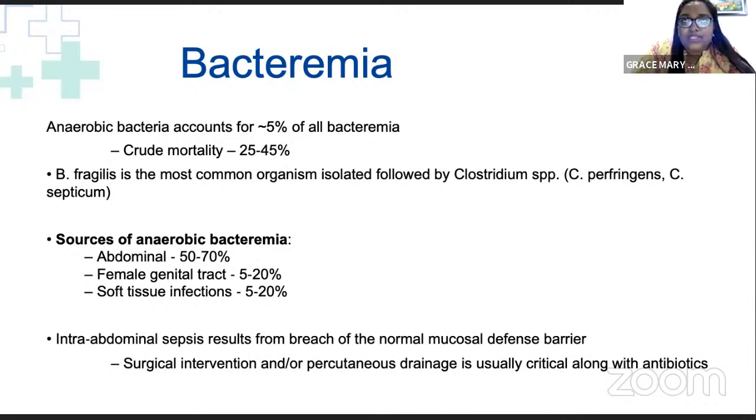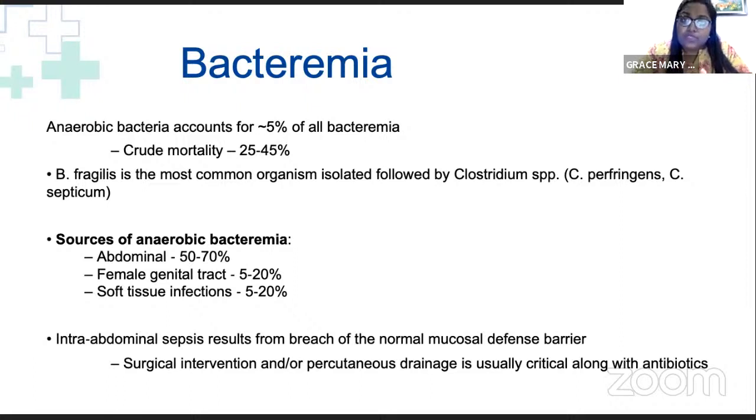But the problem is, how many of us actually do the anaerobic culture in the right way? So maybe that is one reason why the yield is low. But the mortality from an anaerobic bacteremia can be as high as 45%. Okay, and Bacteroides fragilis is the most common organism isolated from a blood culture, followed by Clostridium, not Clostridium difficile, but the other two, Clostridium septicum and Clostridium perfringens.